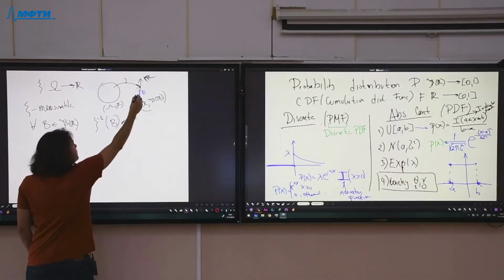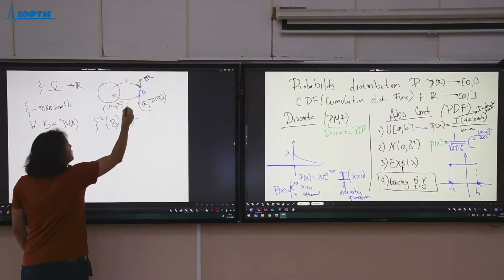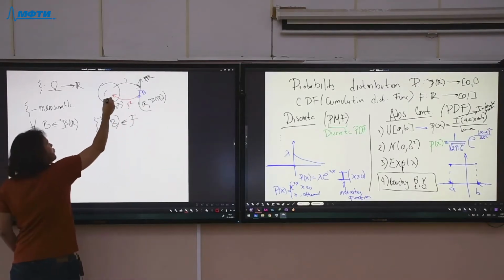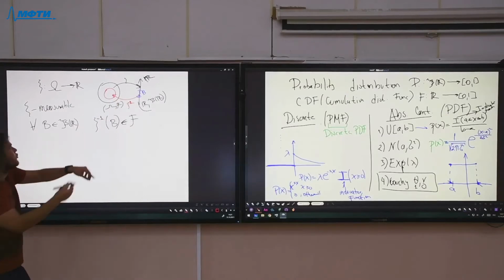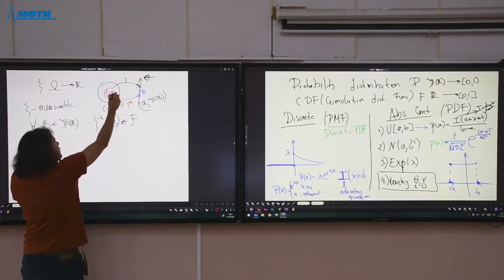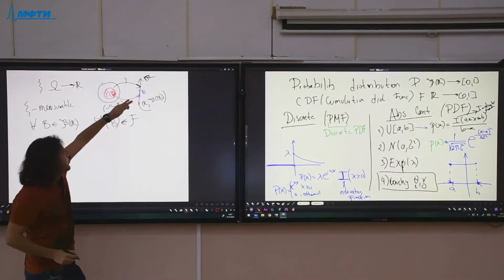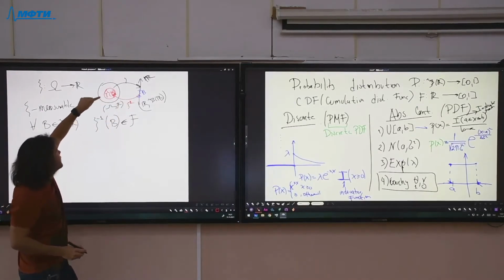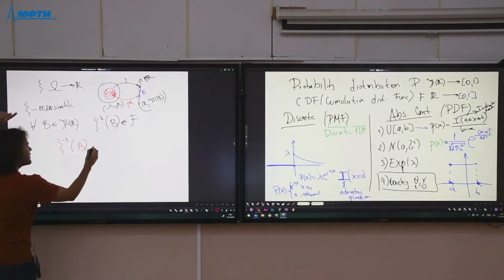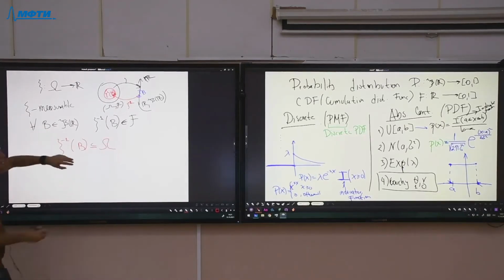preimage, psi to the minus 1 of B, is going to be some set here, right? This is the preimage of B under this function. It is a subset of omega, right?